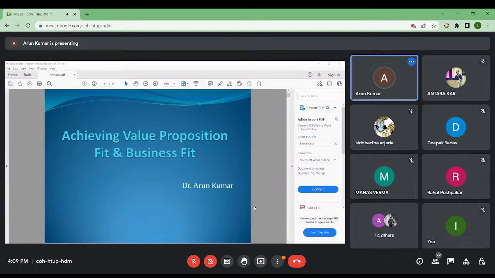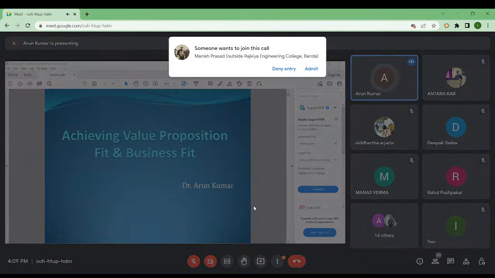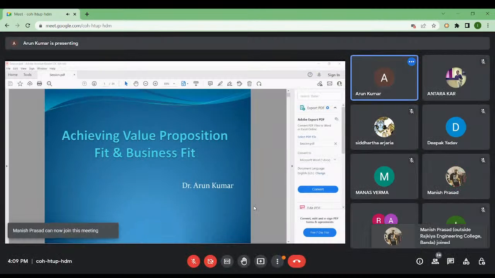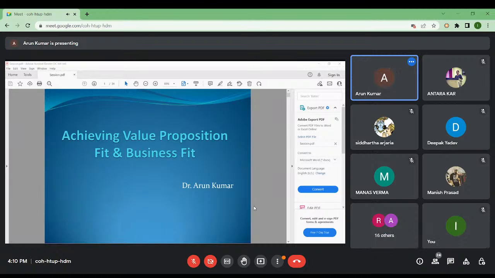Manas, Rahul? Or any idea about what is value proposition, what is business fit, why we are having a session on this? Yes, Manish, you want to say anything? Yeah, any student, please.